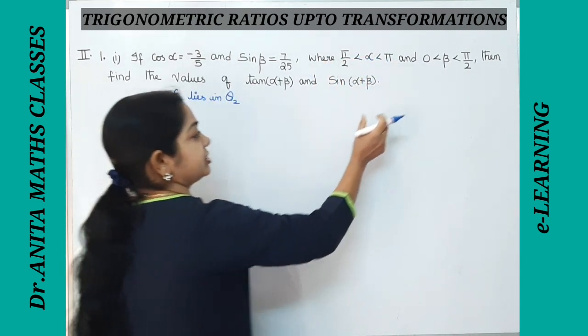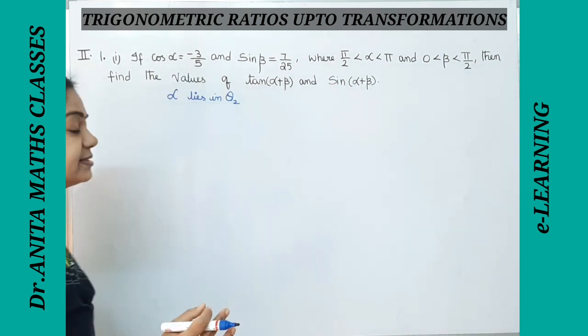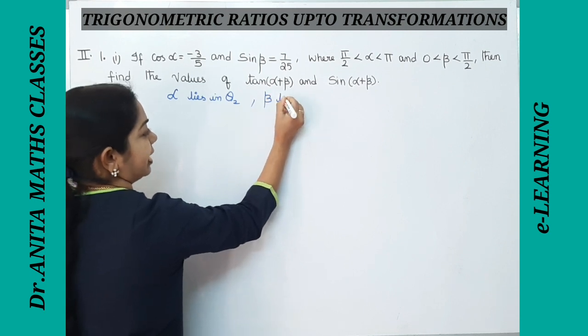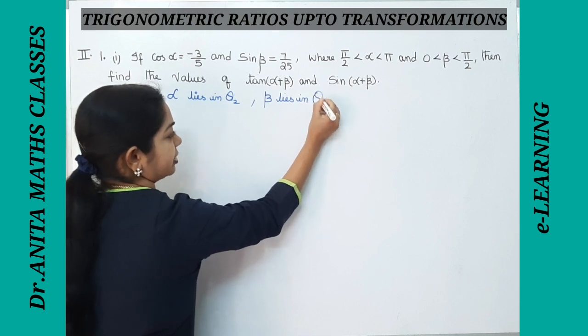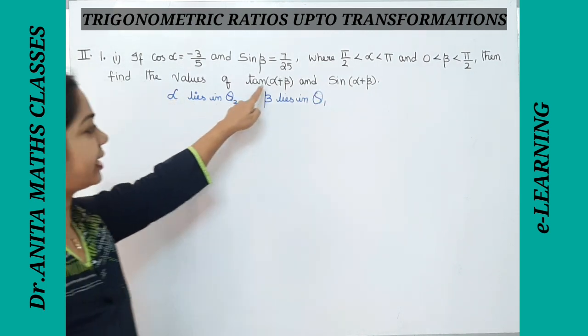And given condition that beta lies between 0 and 90 degrees means it lies in the first quadrant, Q1, right?